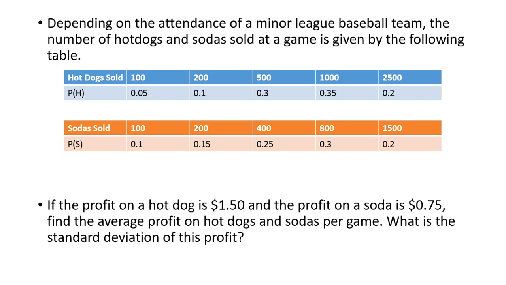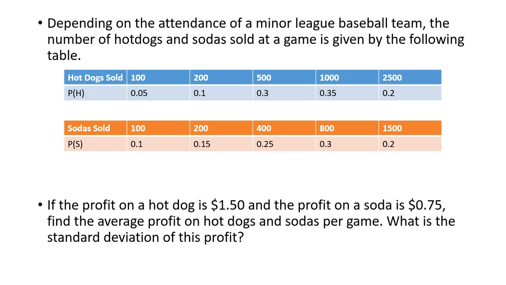So the question is asking what is the expected profit and what is the standard deviation of the profit. So how much spread does it have? Now with this, the first thing we have to do is find the expected value and the standard deviation of each, hot dogs and sodas.